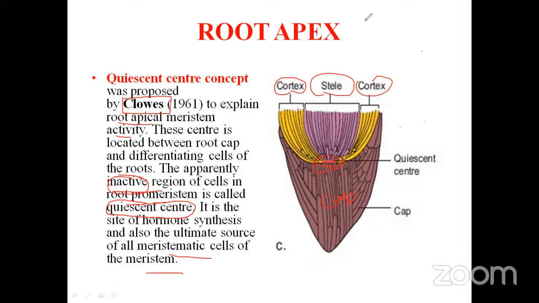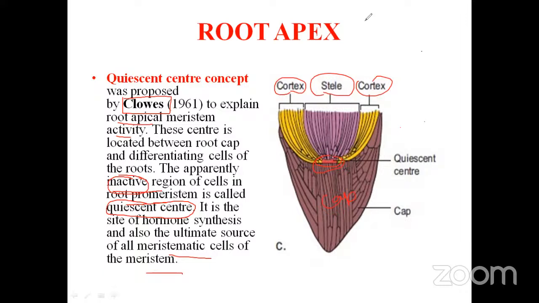Clowes has also shown that when roots are exposed to toxic doses of X-rays, the meristematic cells stop synthesizing DNA. The cells of the quiescent center become meristematic and start synthesizing DNA. So when any damage occurs, such as malformation in DNA, the quiescent center becomes meristematic and synthesizes DNA.